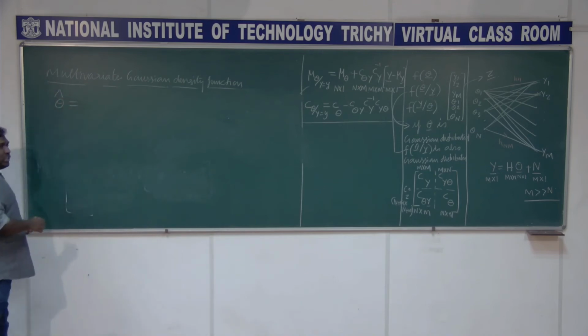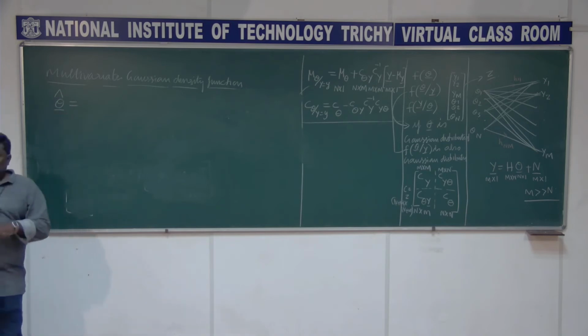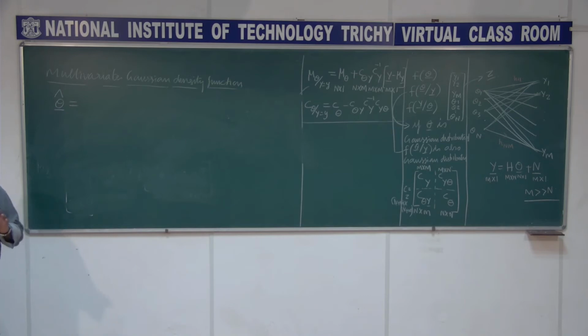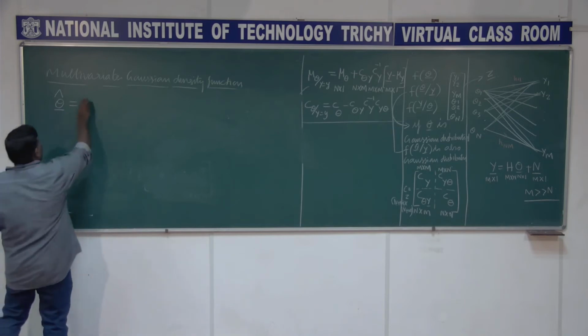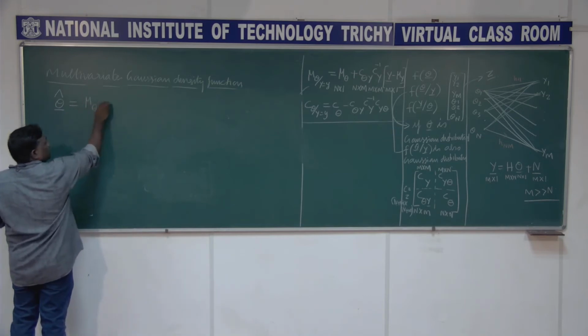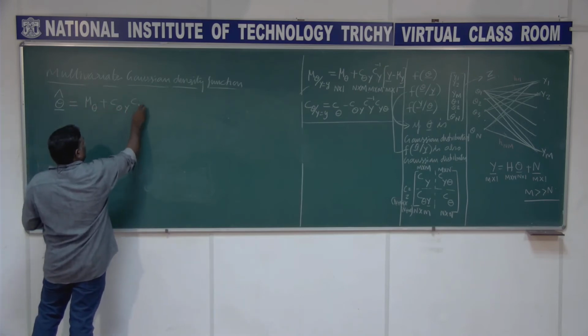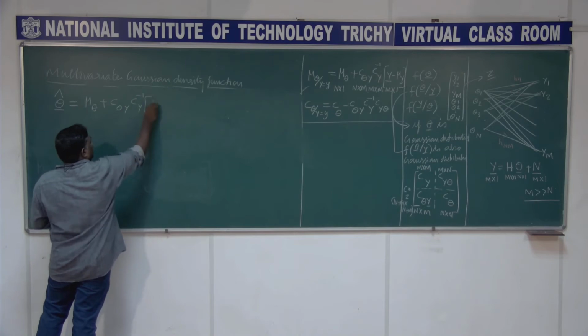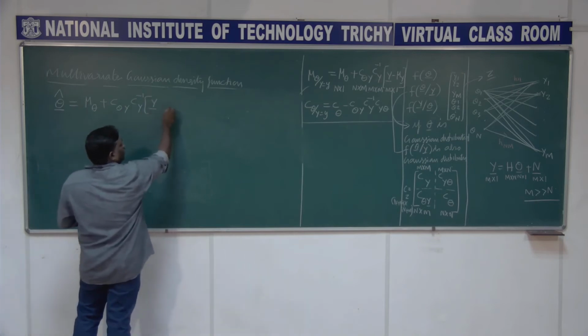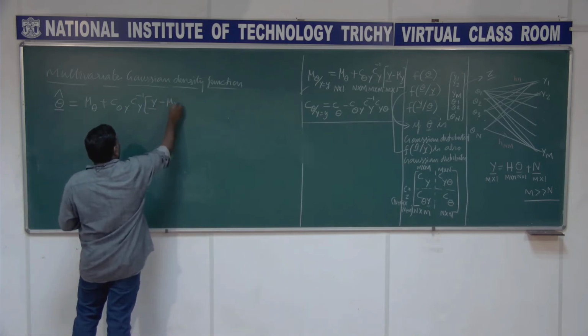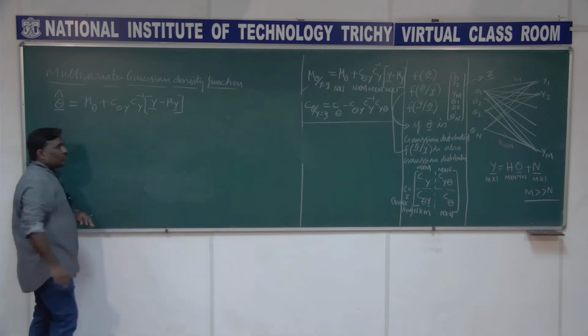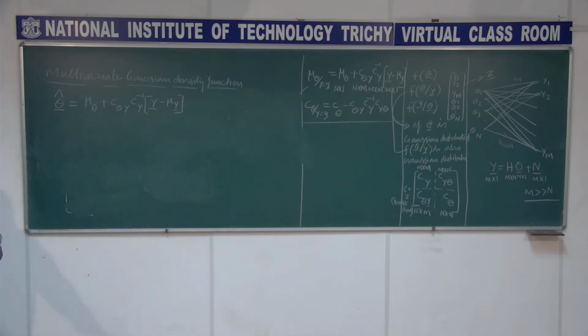In fact, this theta cap estimate, it is a vector of course, for MMSE, MMAE and MAP all are the same, identical, and that value is mu theta plus C theta y, C y inverse, y minus mu y.